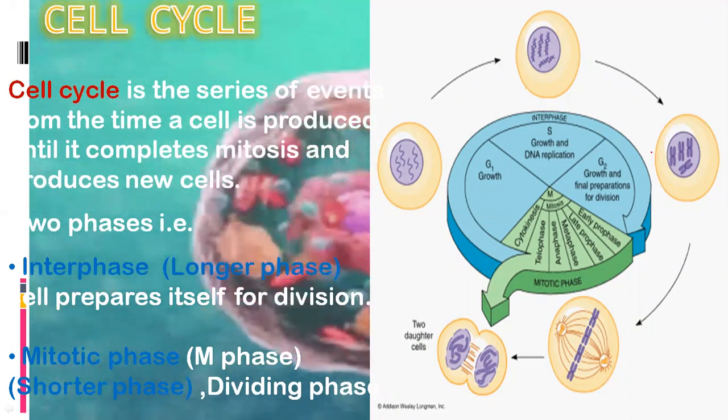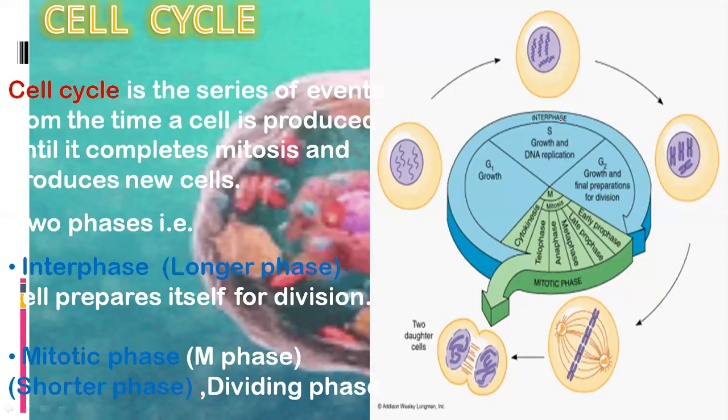This whole circle is represented as a cycle because it repeats again and again. This green phase will come after this blue phase. This blue phase indicates interphase. So this is the cell cycle in which two main phases are there, interphase and mitosis, the M phase.